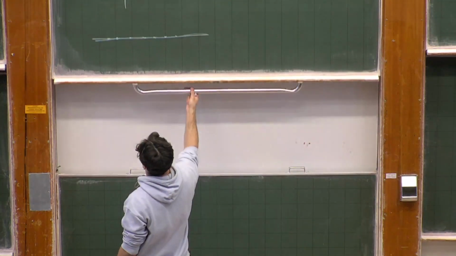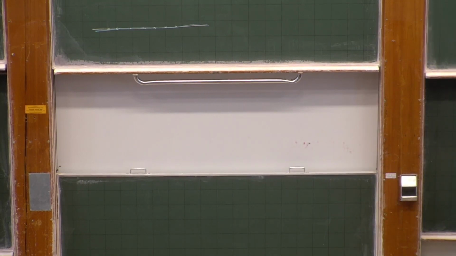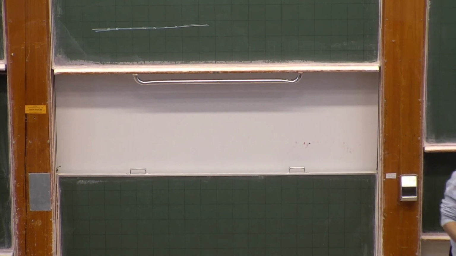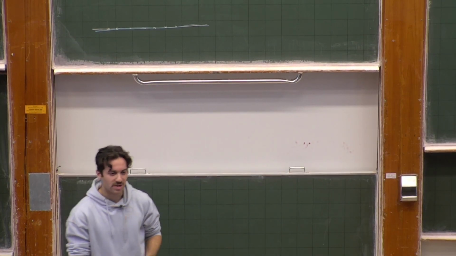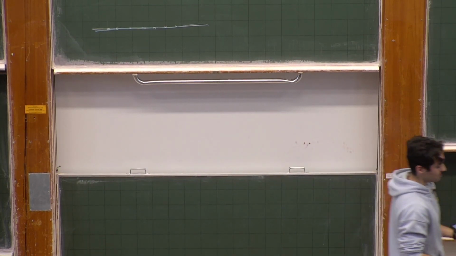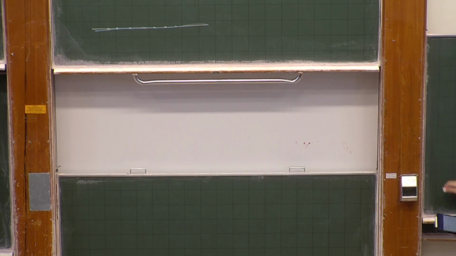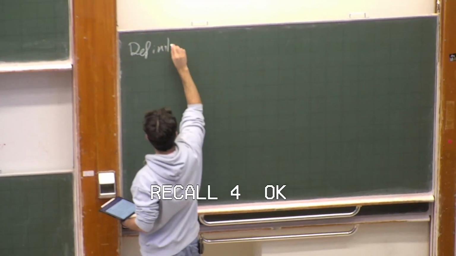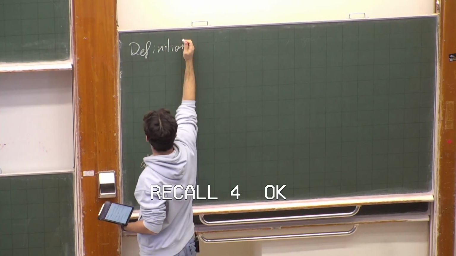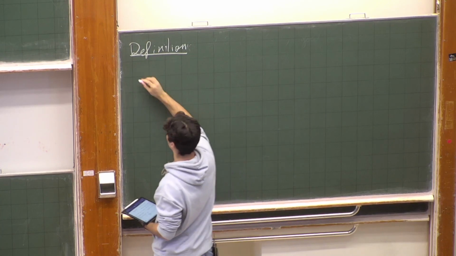Now that we've seen this motivation, I want to provide the mathematical definition of an autoencoder. Everything today will not be too rigorous, but I will try to be as precise as possible and necessary. So the definition of an autoencoder goes as follows.